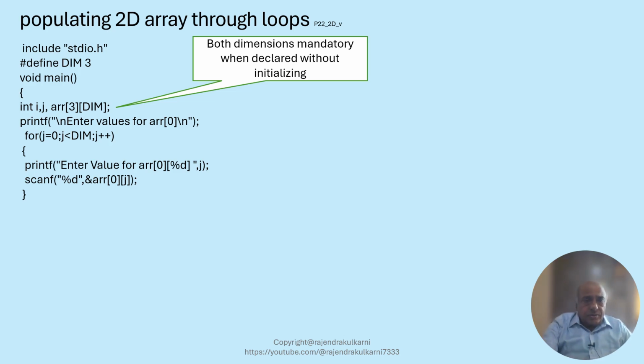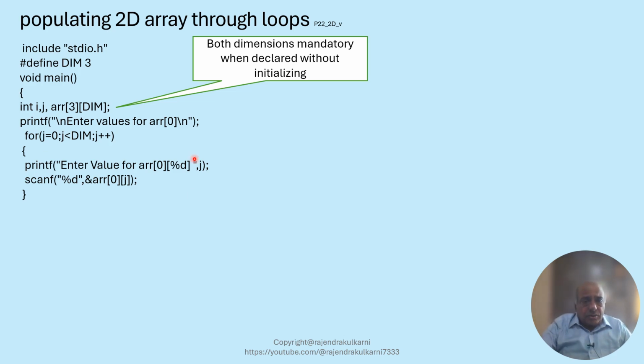Then there is a for loop in which we are prompting the user to enter the values for ARR, and those values are being assigned to the ARR 0th element using the scanf statement.